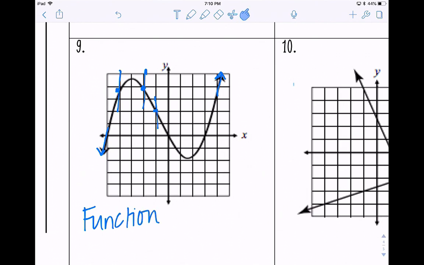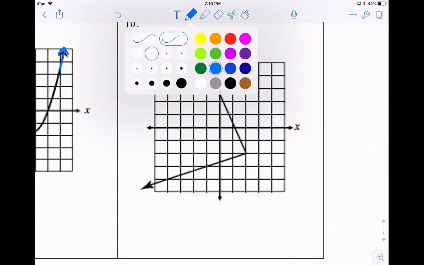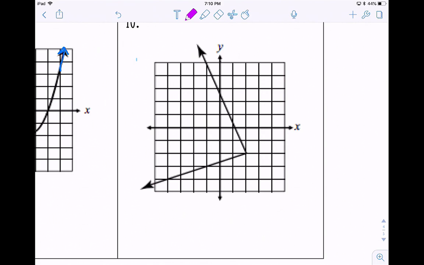Okay. And then number 10, same type of question. We have a graph, again, one you probably haven't seen in Algebra 1 or in 8th grade, but again, we're just looking, is there any place I could draw a vertical line that it would cross more than one time? Or is there any place that has the same x value as another coordinate? So if you start down here, you might think, no, that would not happen.